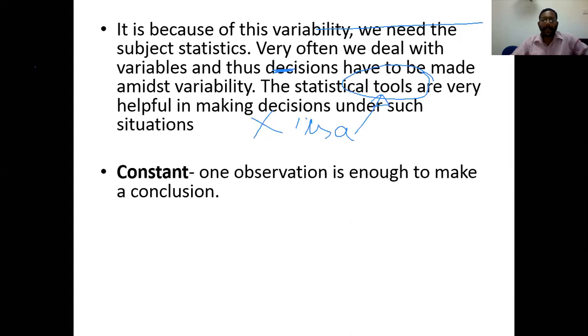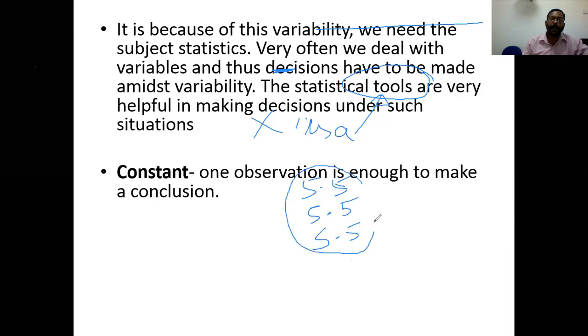As I pointed out earlier, if you do some experiments and have constant values, then we don't have any problem. Only one value is more than enough to make a conclusion. Example, what I said with the titration, I could remember exactly. If you have a titration with, let's say, 5.5 as one reading, another reading 5.5, theoretically all three readings should be 5.5.